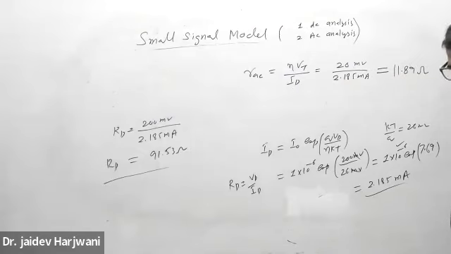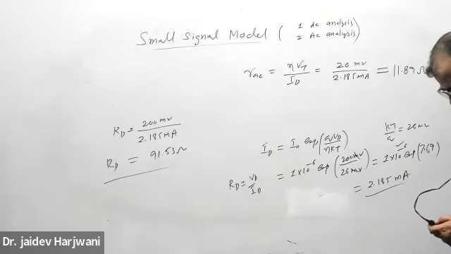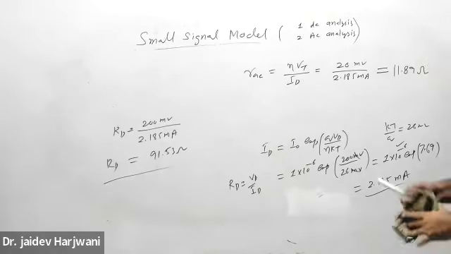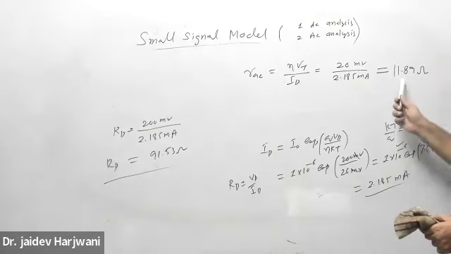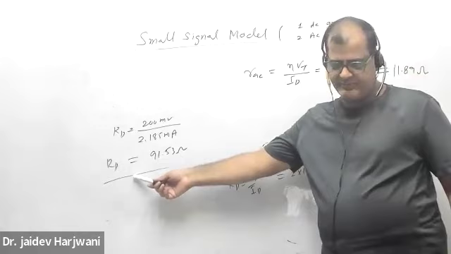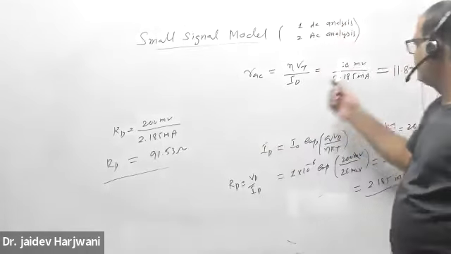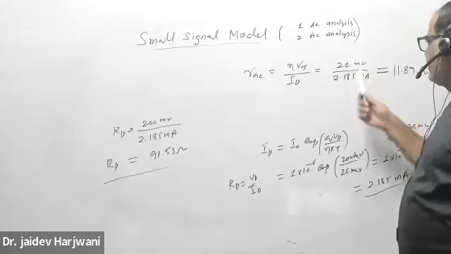RAC 9.15 ohm. Okay, that I don't know the actual calculation. You can check it. This 91.5 is DC resistance, and if this current value is correct, then you can solve this one. I don't know how much will come.